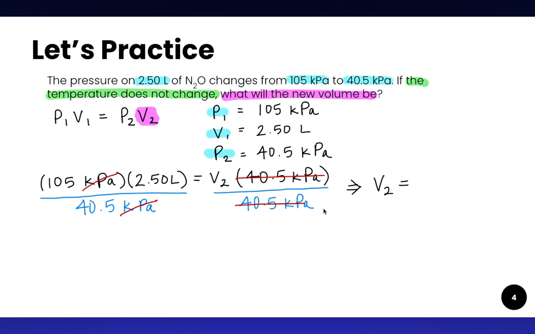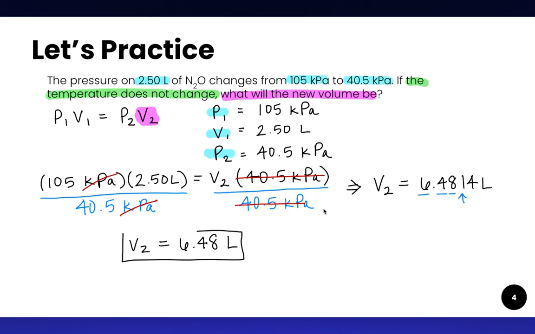And I got 6.4814 liters. The story problem gave me 3 significant figures, so my answer will also have 3. 1, 2, 3. 1 does nothing to 8. So our final answer is V2 equals 6.48 liters. And that is just what we expected. It increased.